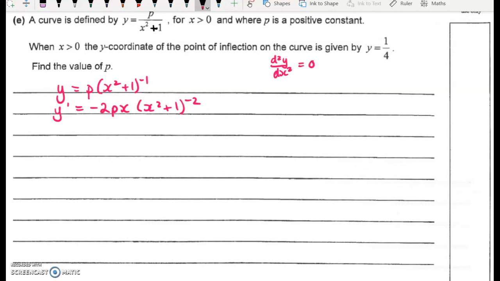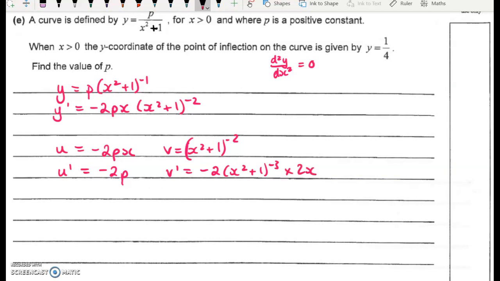So we need to do the second derivative, but we have a product rule here, so we're going to do it in pieces. So we have the first piece and the second piece, like so. And differentiate each of those, we get minus 2p, and we've got another chain rule here, so we have minus 2(x squared plus 1) to the minus 3 multiplied by the derivative of the inside, like so.